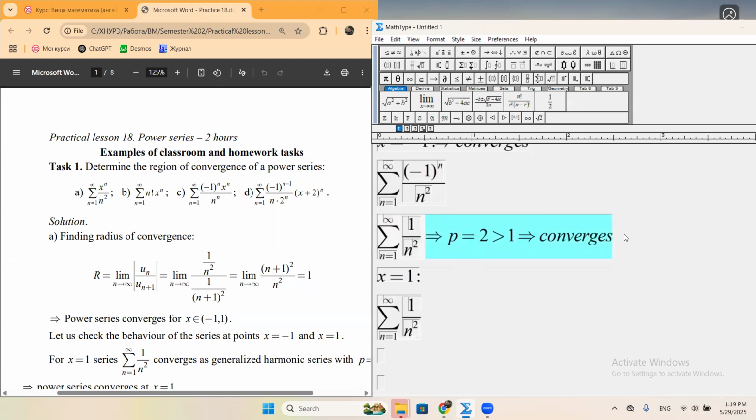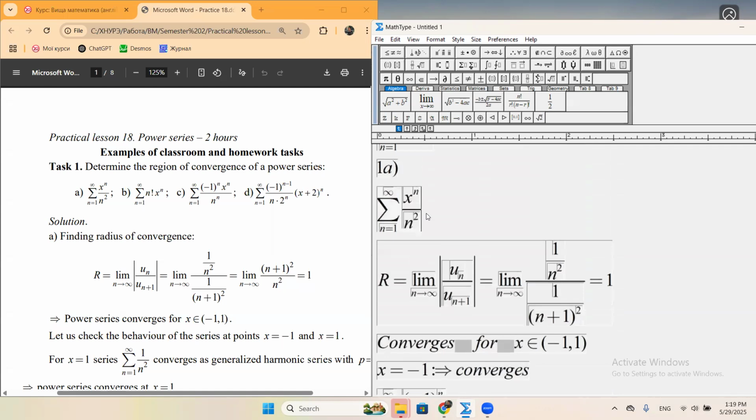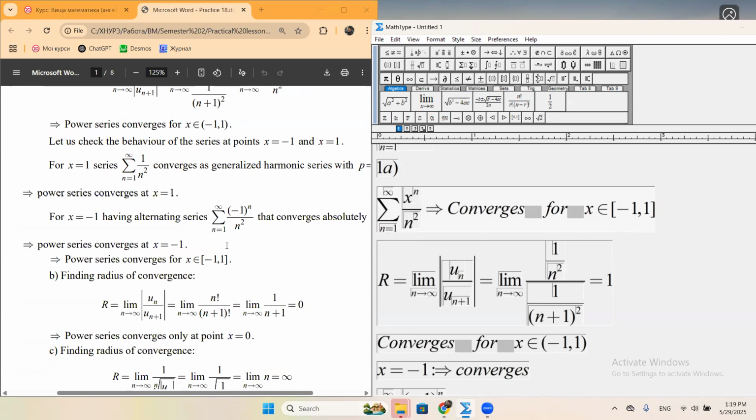Again, the generalized harmonic series converges. So at the point x equals 1, the power series converges. So it converges for x from -1 to 1 inclusively, for both of them.